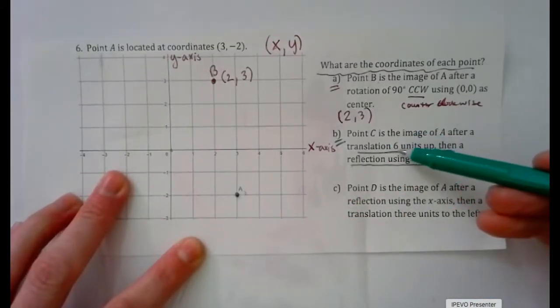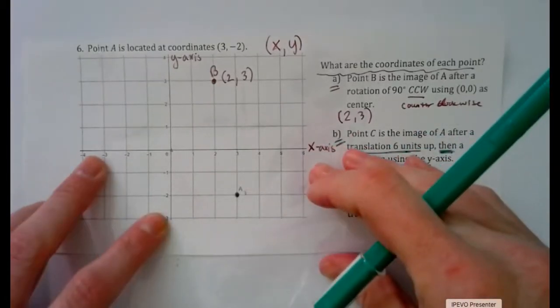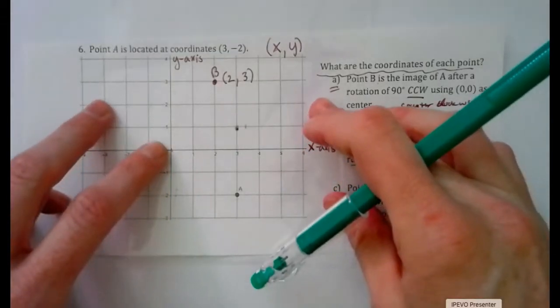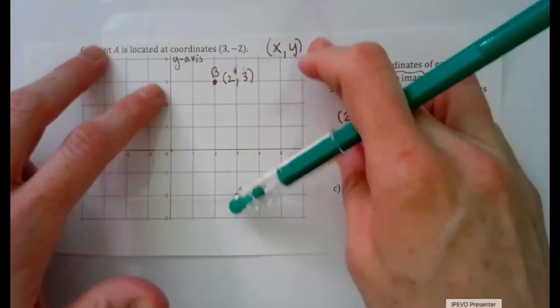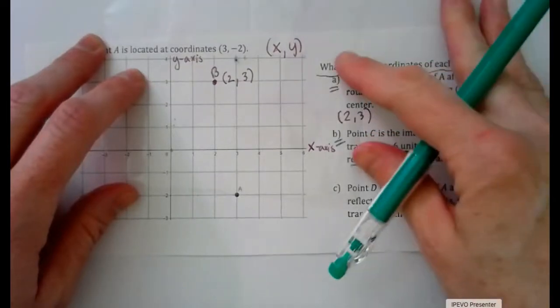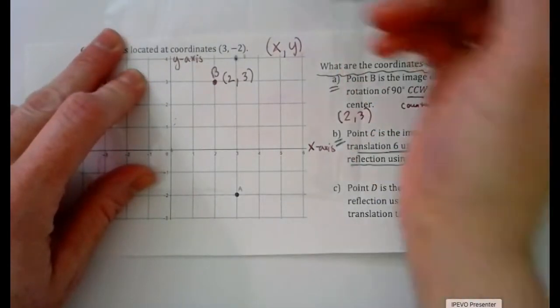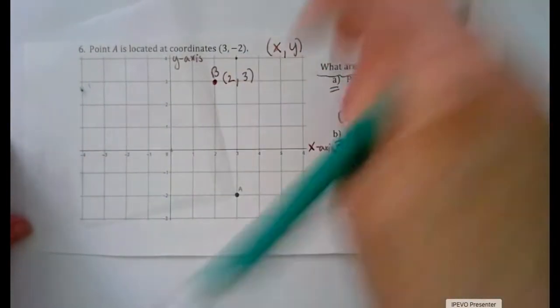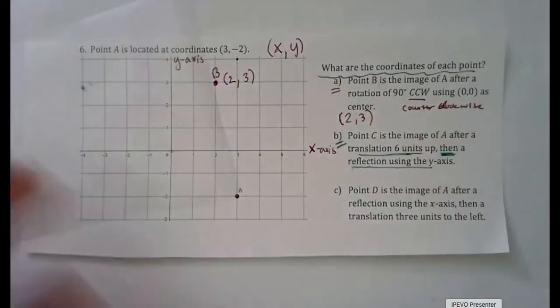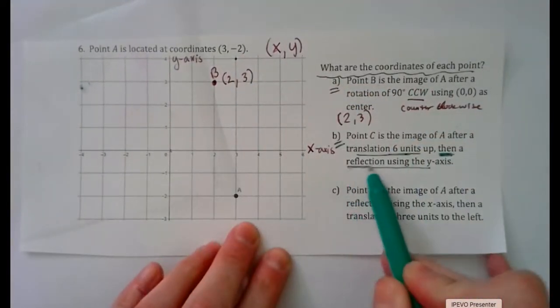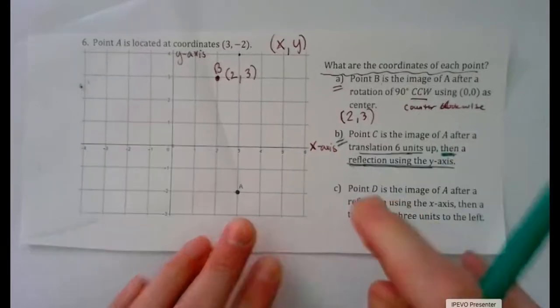So translation 6 units up. 1, 2, 3, 4, 5, 6 units up. Now you can plot a temporary point if you need to. This is not your final answer, that's temporary. Then a reflection using the y-axis.